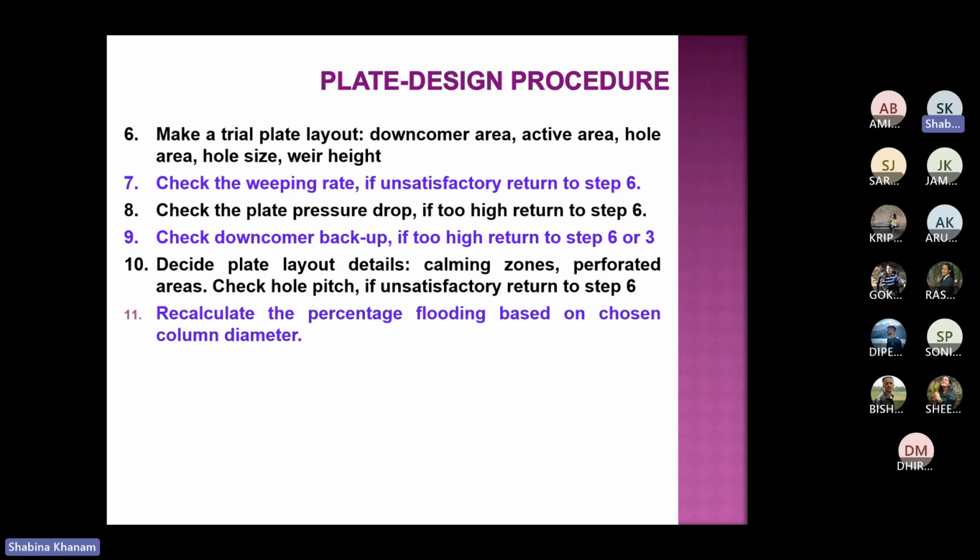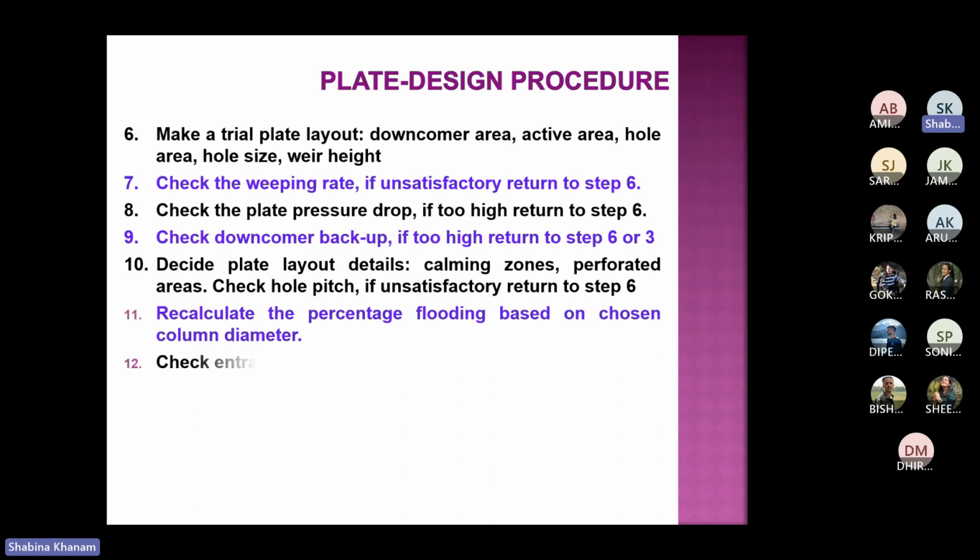Then we need to recalculate the percentage flooding based on chosen column diameter. Actually, when we calculate the column diameter, and if a standard diameter is available in the market, we need to choose the standard diameter. Therefore, we need to calculate the percentage flooding again.